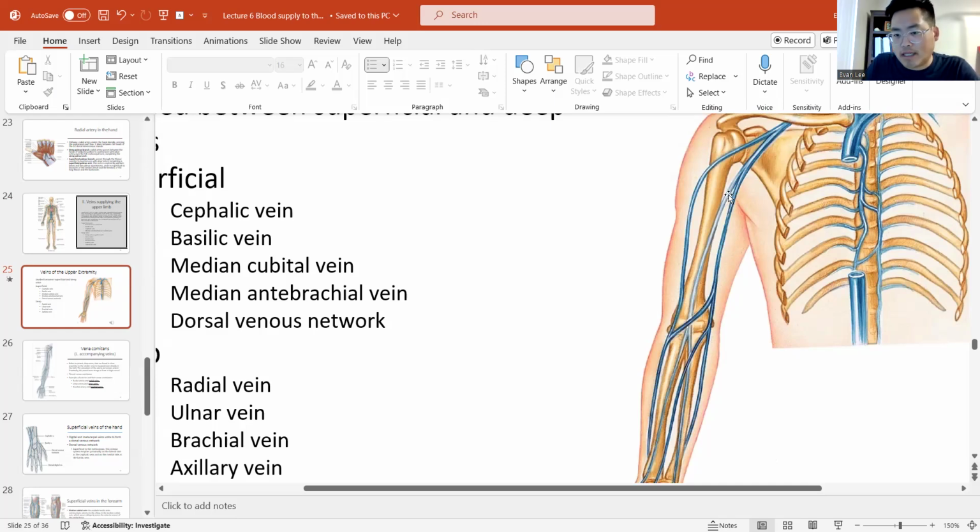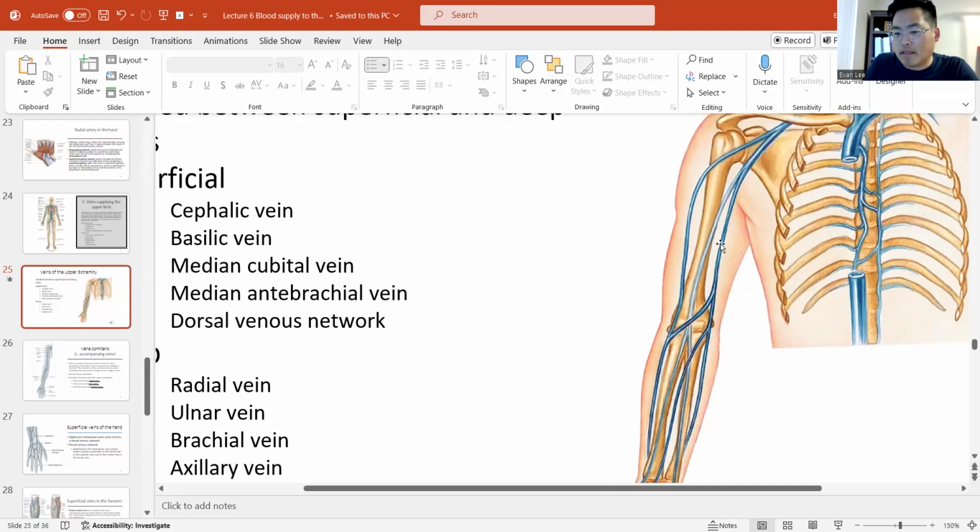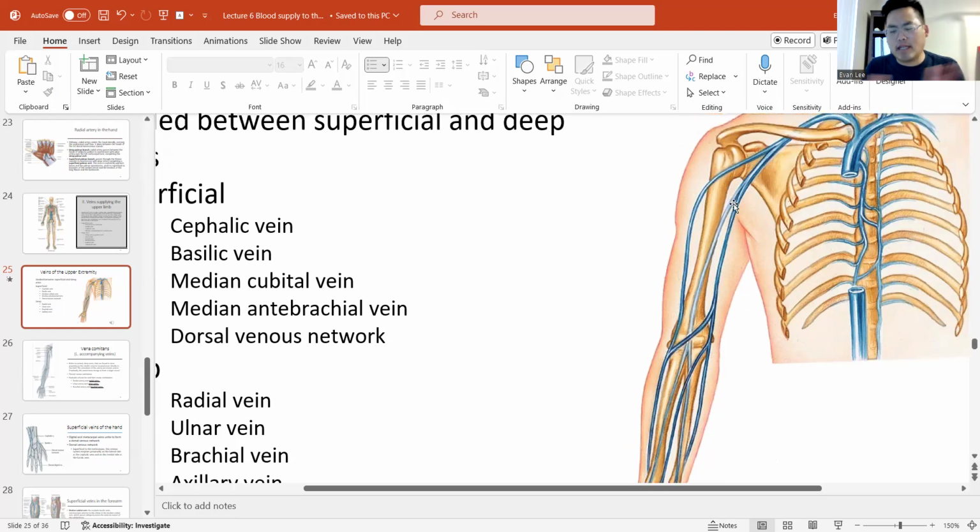Now, the brachial vein is actually going to join with one of those superficial veins, and that is this long medial one called the basilic vein. If you follow the basilic vein up, the brachial vein and basilic vein join together, and instead of branching, veins join to form new veins. So this vein right here is called the axillary vein. The axillary vein is where you'll find the brachial and basilic veins joined together.